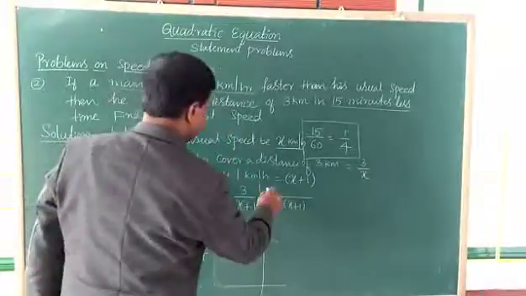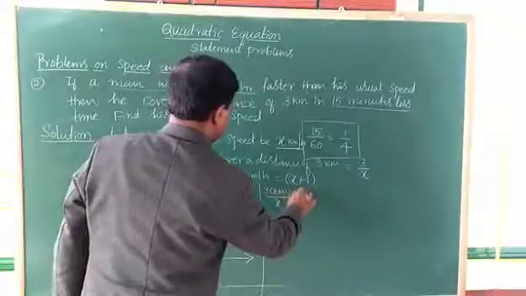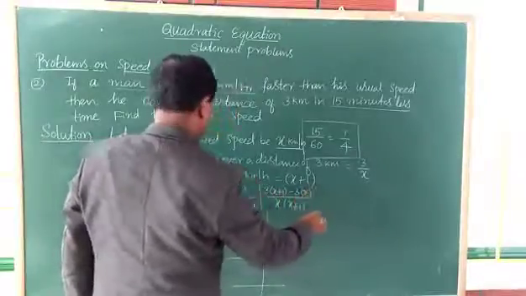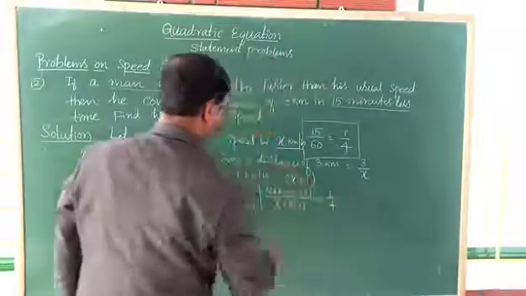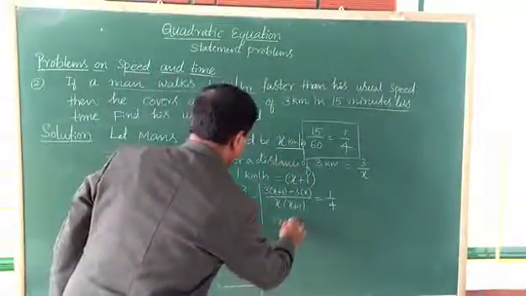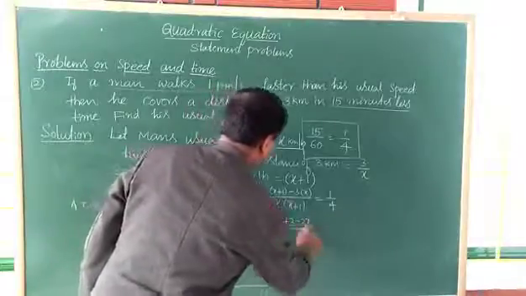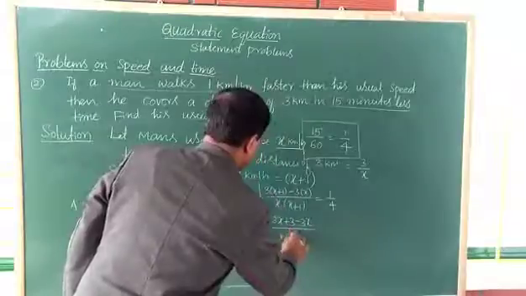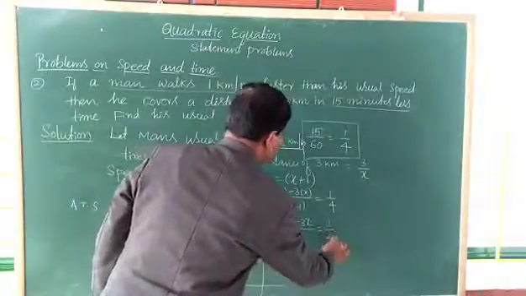So cross multiplication, 3 into x plus 1 minus 3 into x is equal to 1 by 4. Now 3 into x, 3x plus 3 minus 3x by x squared plus x is equal to 1 by 4.